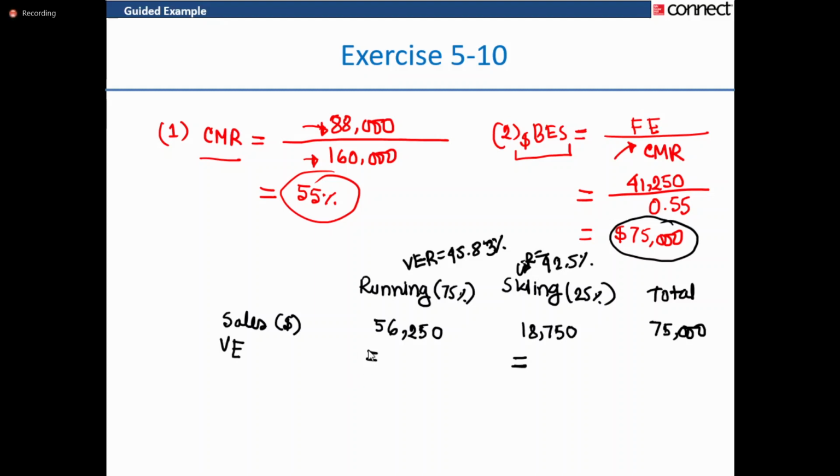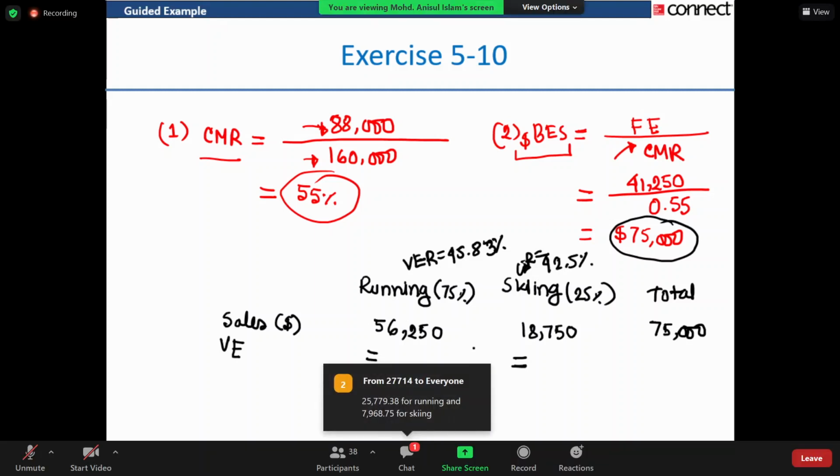What shall be the dollar variable expenses for running video games and for skiing video games? Apply the percentage: 45.83% on the 56,250 and 42.5% on 18,750.